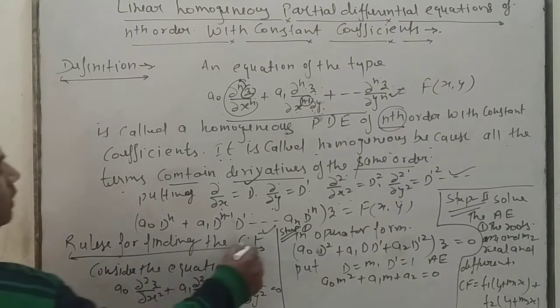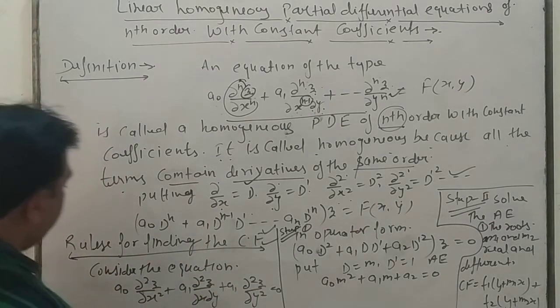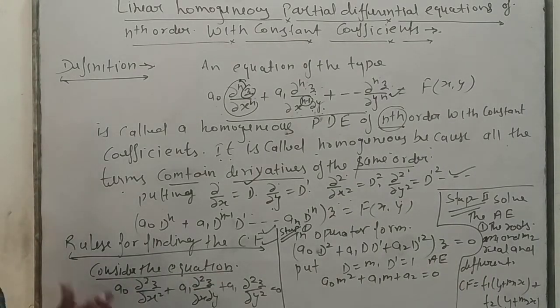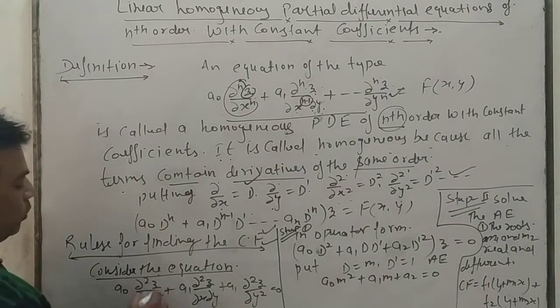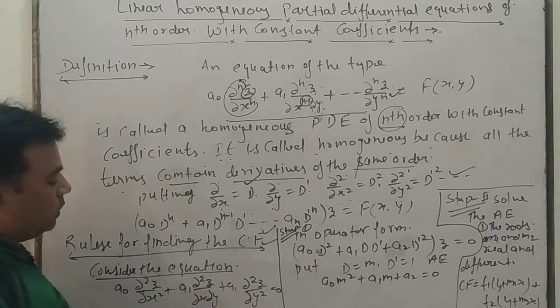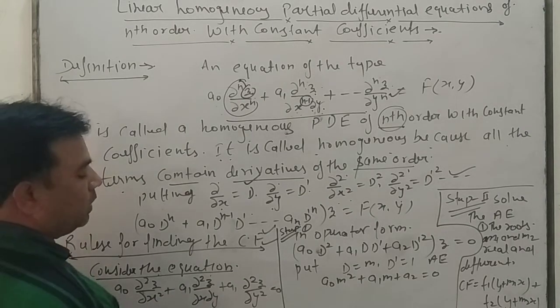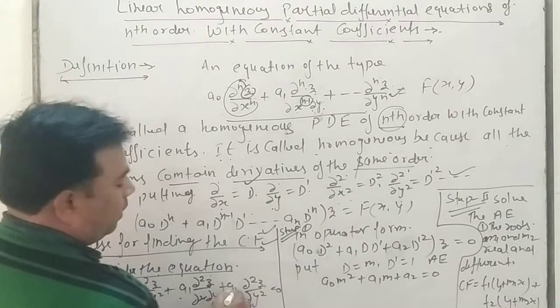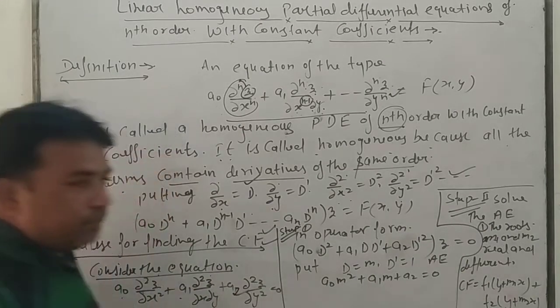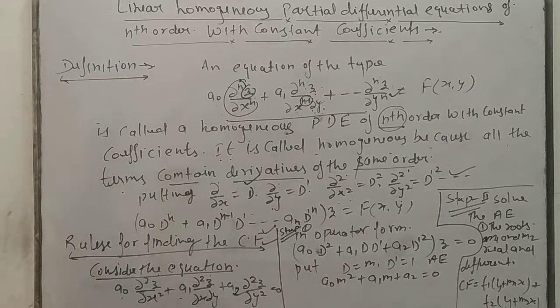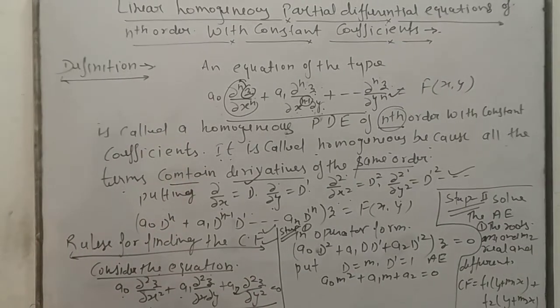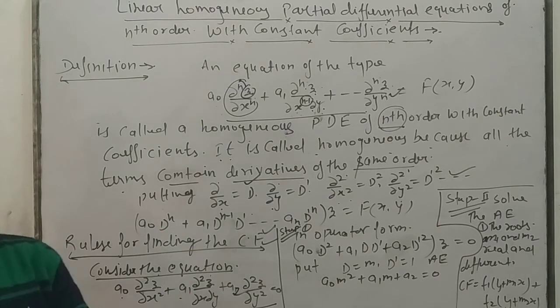Here are the rules for finding the complementary function CF. Consider the partial differential equation of second order with constant coefficients: a naught del 2z over del x2 plus a1 del 2z over del x del y plus a2 del 2z over del y2. Here a naught, a1, a2 are the constant coefficients. We first write this partial differential equation in operator form, that is, in terms of D and D dash.